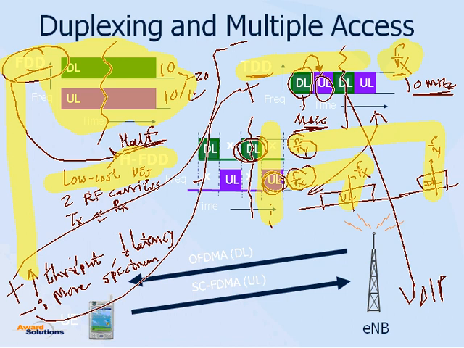So that's why TDD is more complex. In FDD, we have separation of downlink and uplink, easy to manage. We have experience with that, so that's why FDD will be more prevalent in my opinion. Any other questions, just send me email.